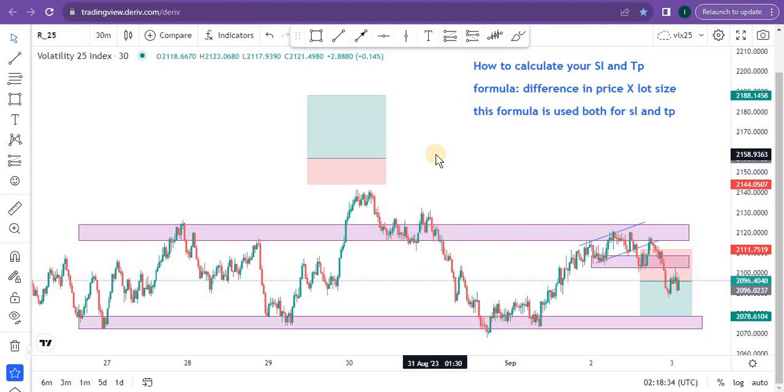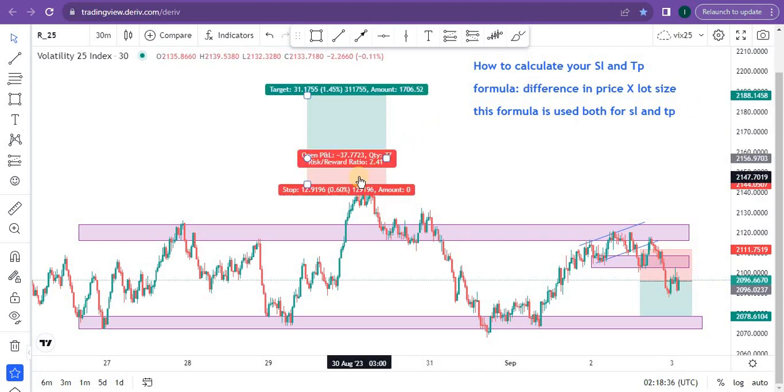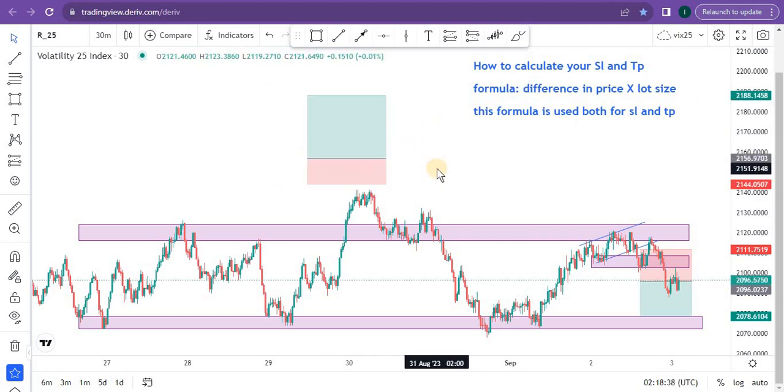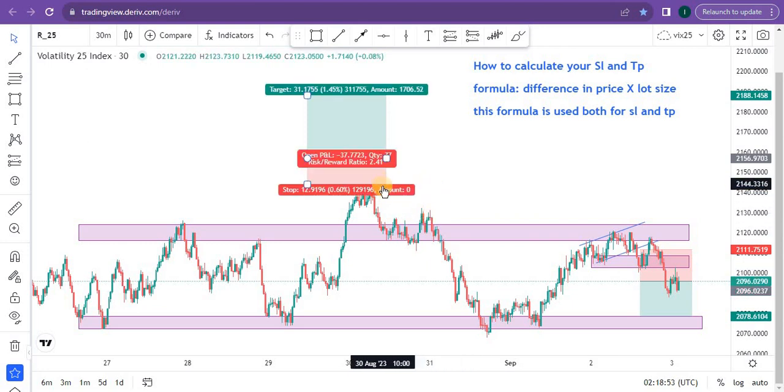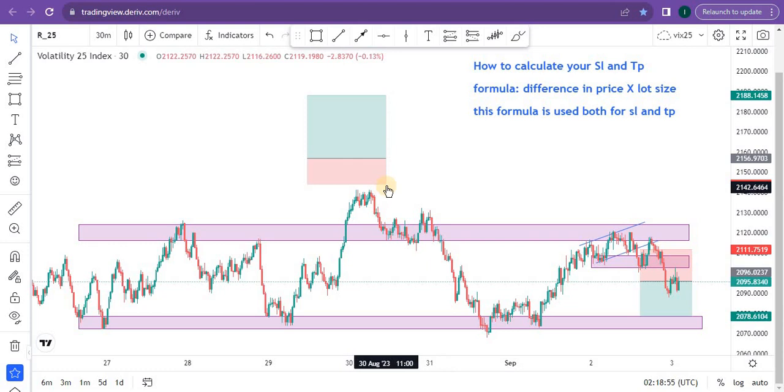So if the market is bouncing back to your SL, you will have nothing to worry about. Why? Because you already know that, okay, this is what I'm expecting from the market at this level. You have made up your mind. By doing that, it shows that you are ready to lose to that particular point. And when the market gets to that particular point, you are losing just $5.